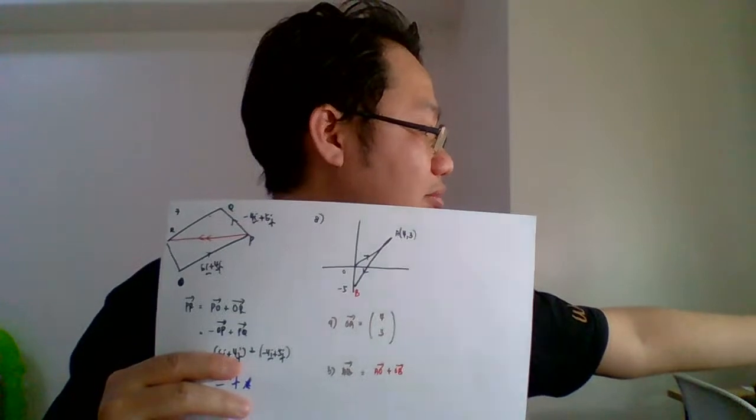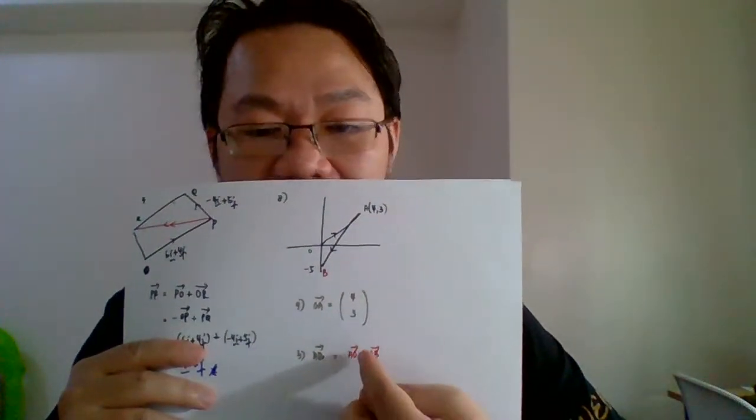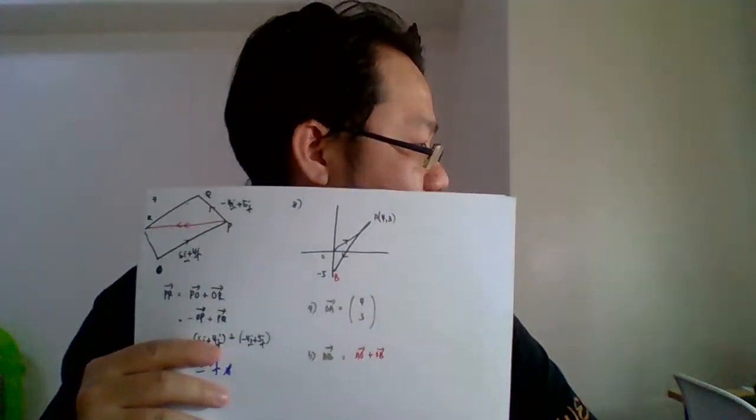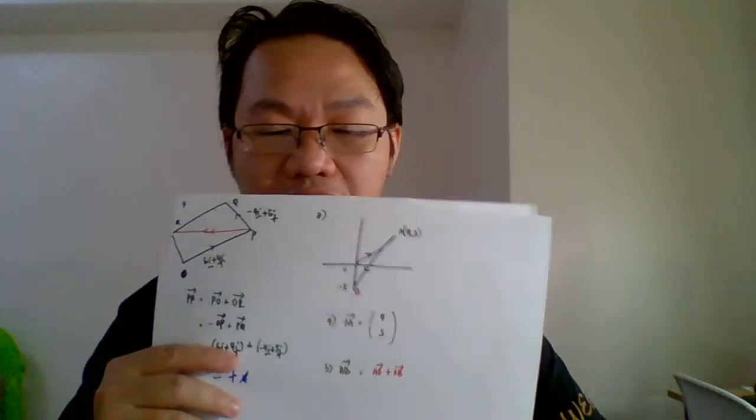Now the question asks you to find the final answer in vector form, right? So we need to use the vector form here. So AO here. How to solve the problem? You need to put a negative on the coordinates of A. So you're supposed to get negative 4i plus 3j.